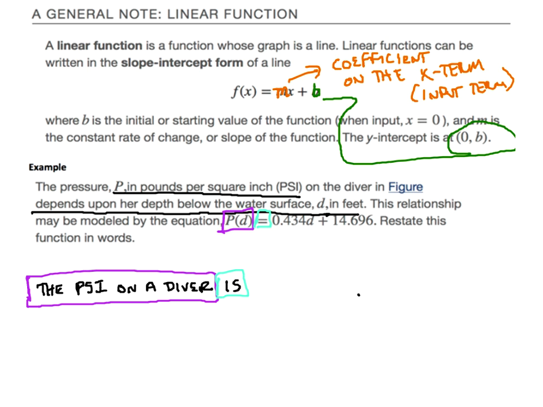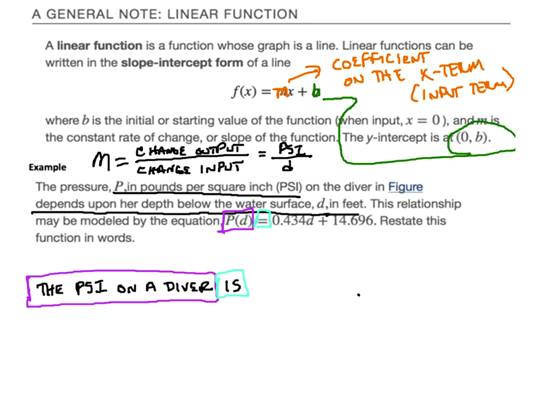Is what? Okay, so my slope or my rate of change is 0.434. And don't forget that my rate of change or my slope is always given as change in output over change in input. So in this case, my output is PSI and my input is depth in feet.